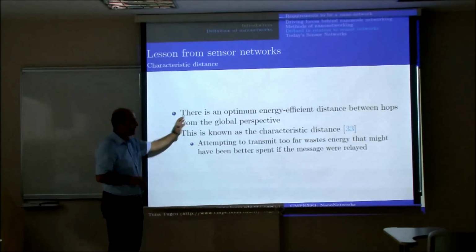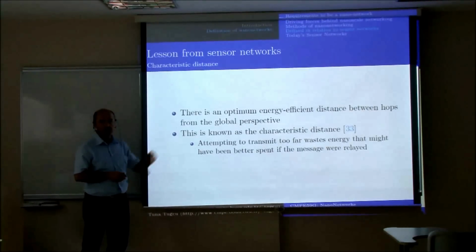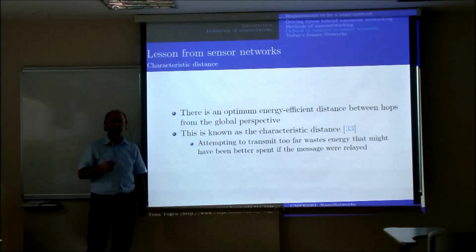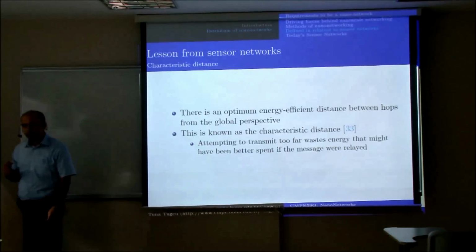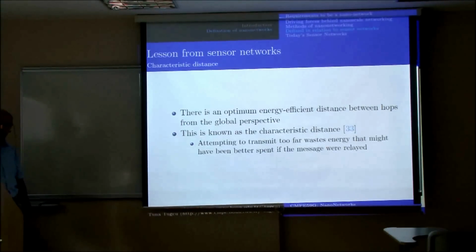There's an optimum energy efficient distance between the hops from the global perspective. The idea is the following. I'm trying to communicate with, let's say, Mustafa, who's at the other end of the room. One thing I can do is I can shout, which means I spend more energy so that he can hear me, or I can speak with a lower volume to Sanem, and Sanem can talk to, let's say, Yavuz, and then Yavuz tells it to Turu.